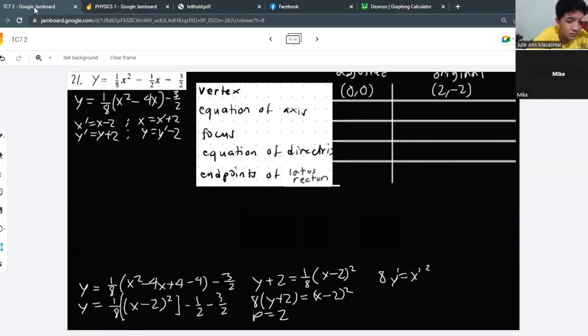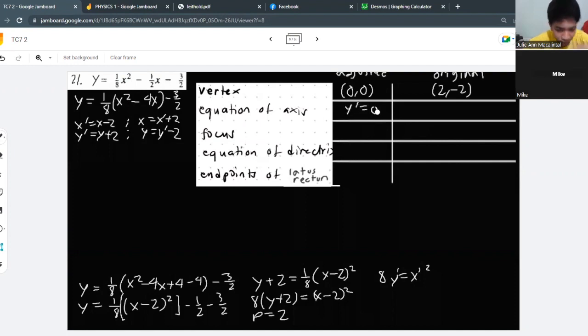Okay, now, what is the equation of the axis in the old coordinate system? In the prime coordinate system? The equation of the axis. Let's fill in the table. So x prime equals, x prime or y prime?